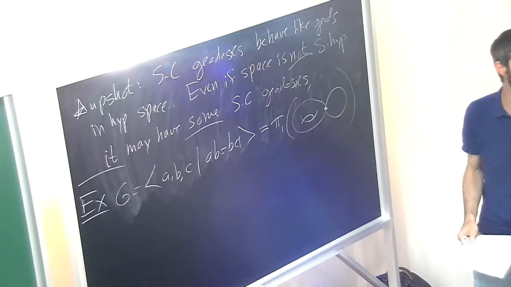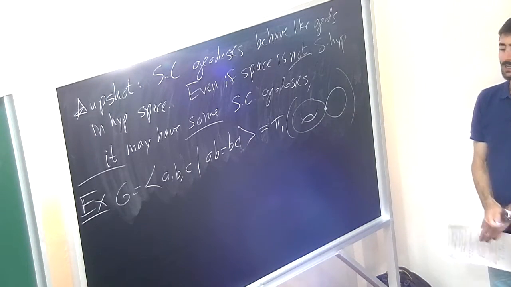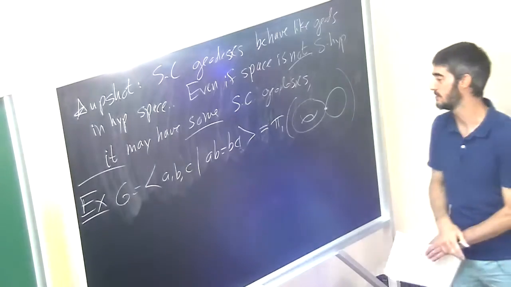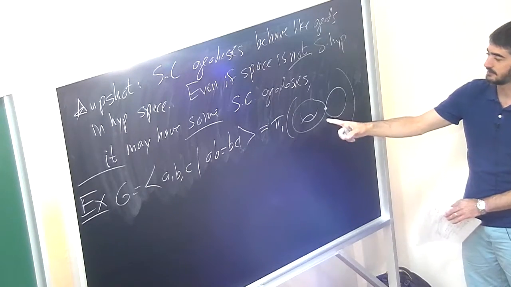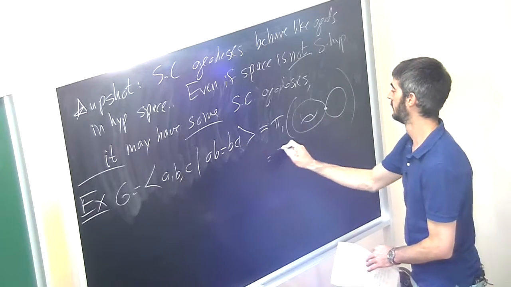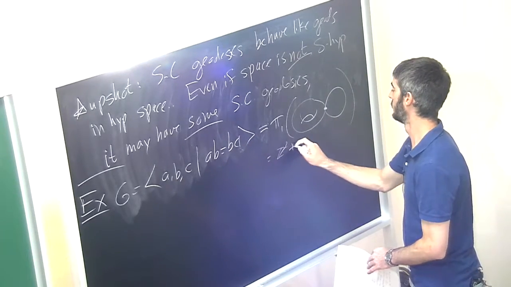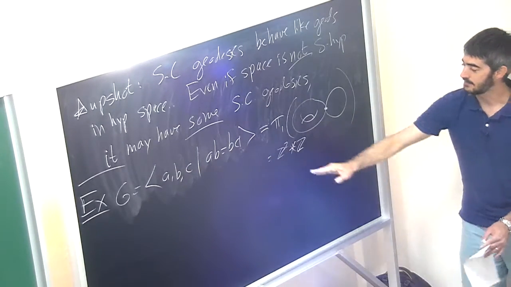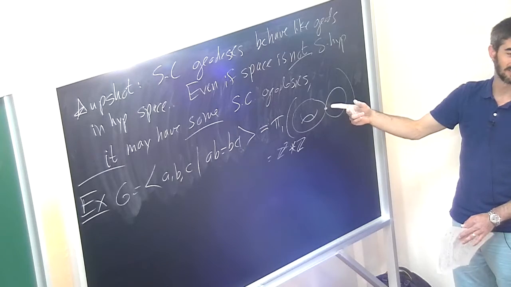So this is a group generated by A, B, C. A and B commute, C doesn't commute. That's the free product of Z squared with Z. And Van Kampen's theorem says that's the fundamental group of this gadget.